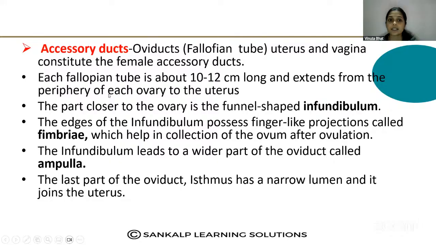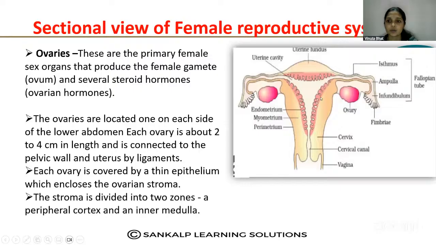Now the accessory ducts of the female reproductive system: the oviduct, that is the fallopian tube, the uterus and the vagina. The part closer to the ovary is the funnel shaped structure called the infundibulum. Then the wider part of the fallopian tube is the ampulla, and the narrow part is the isthmus.